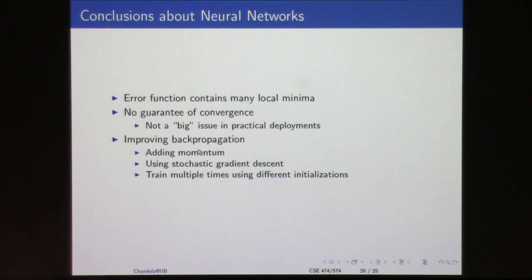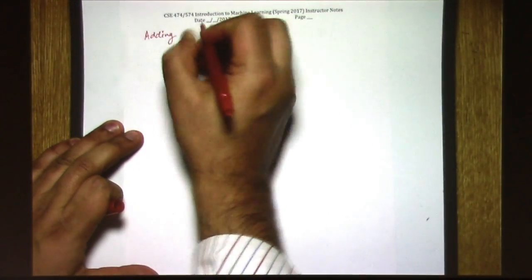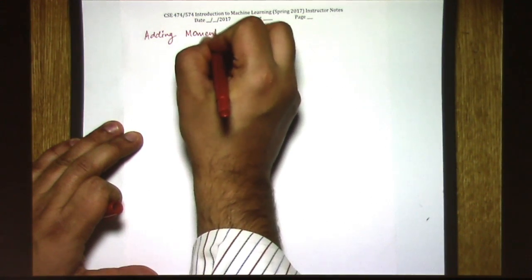Okay. Another aspect that I didn't talk about is this notion of adding momentum. As you are updating your weights, you do not update them according to the gradient just using that equation. Instead, you take an average. In general, this is how you work, right?